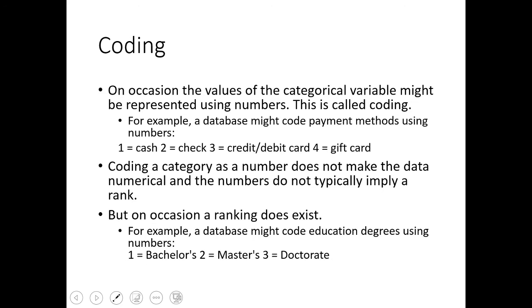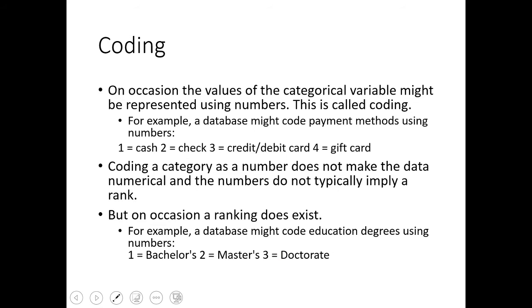Then this 1, 2, 3 has an order, and this order of numbers carries other information. It is highly educated, more highly educated, and very highly educated. So in this case, the order of numbers has some meaning.